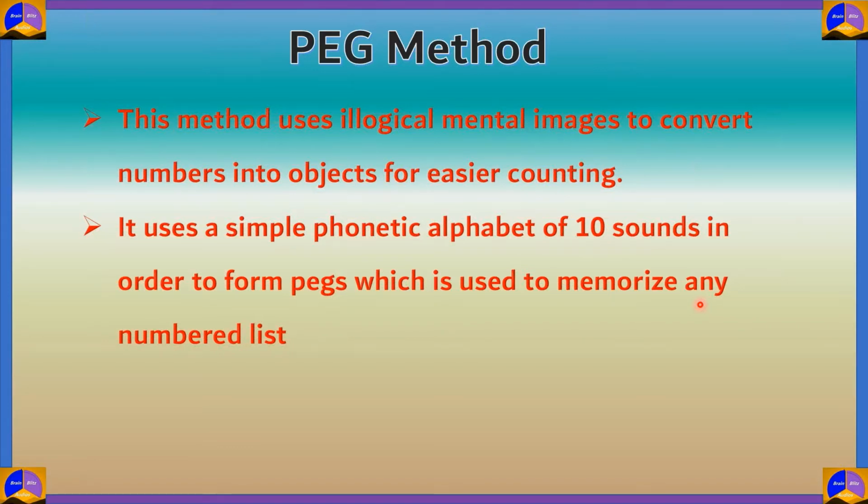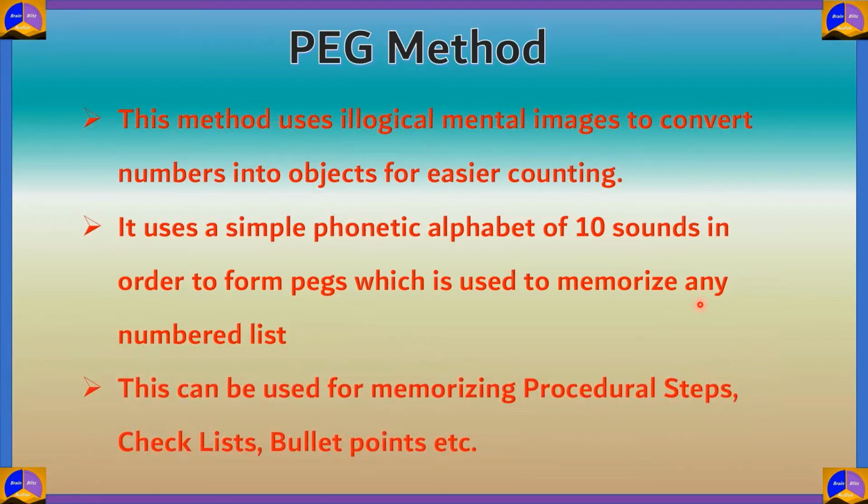And what are the advantages of using the PEG method? It can be used for memorizing procedural steps, checklists, bullet points, etc. Suppose you're a science student and you want to remember the exact procedure for an experiment. Well, you can use the PEG method. You can take number 1 and associate its PEG word with the task that you're supposed to do in step 1.